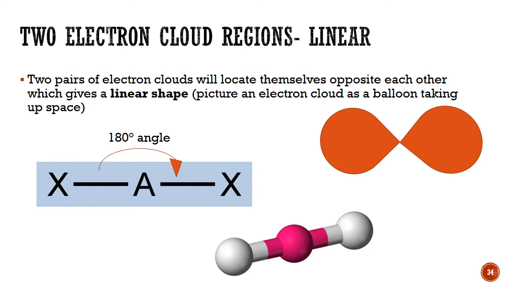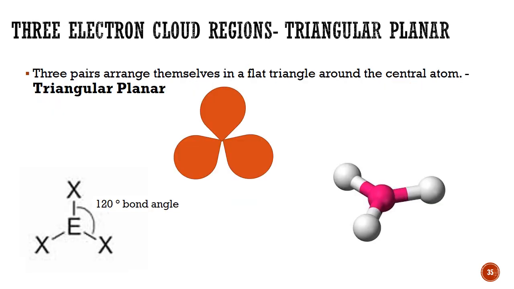So the angle between the x and the other x is 180 degrees, because we're going all the way across to the other side, 180 degrees. And so the molecule, which you see a shape of on the bottom, looks like a line because all the atoms are in a single line. Okay, so the linear shape is if there are two electron cloud regions.